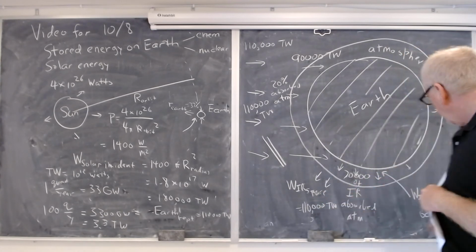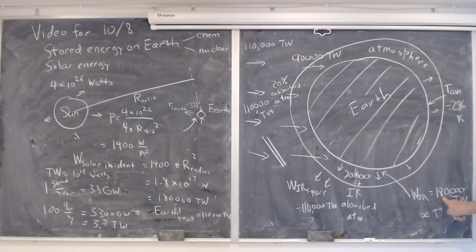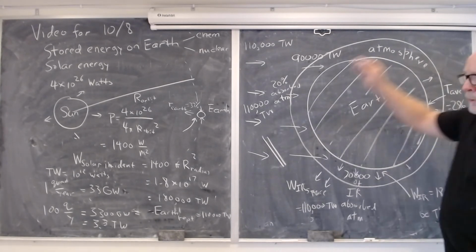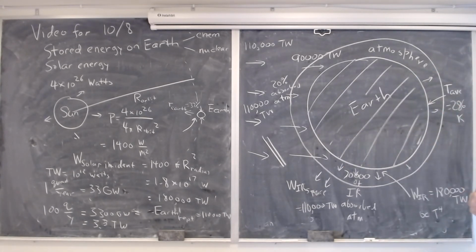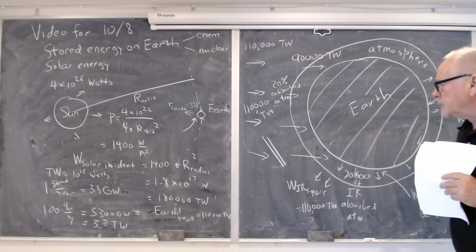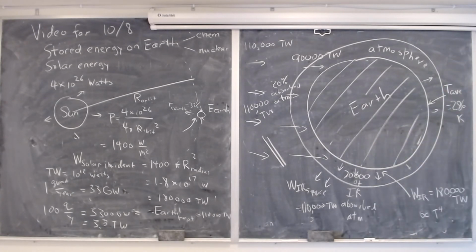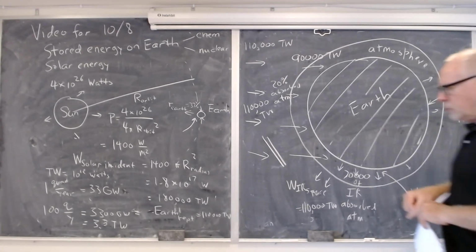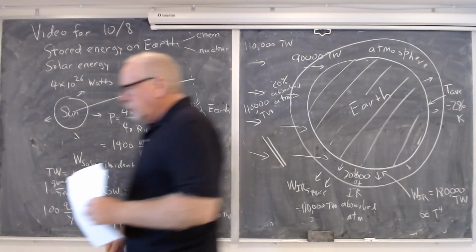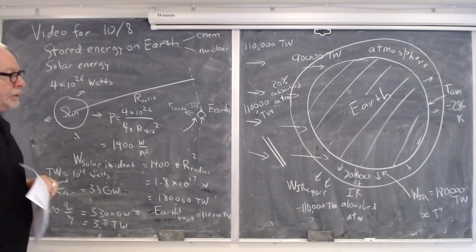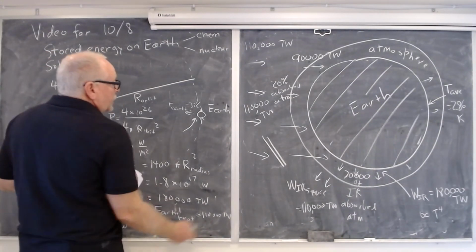Well, what would happen? Well, this would have to go up, meaning the temperature of the Earth would have to go up. And that's exactly what's happening. The temperature of the Earth is going up to keep the entire system in balance through increased infrared radiation from the surface. And that is solar energy on a sort of global basis on the Earth, and how it gets distributed.